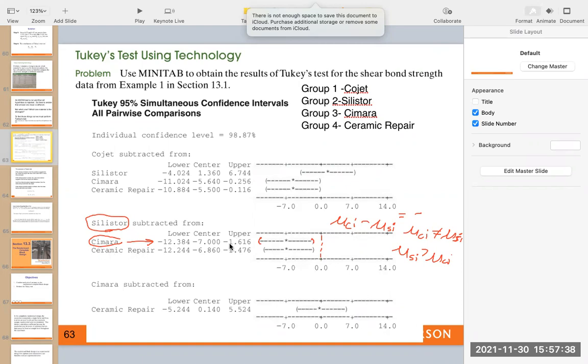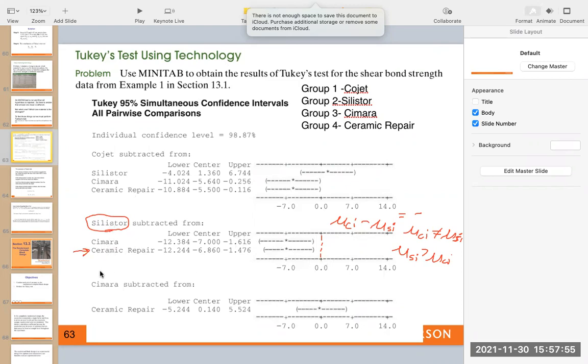Then with the next step, we can compare Silister. Now going on to the next line, I'm focused on just this line right here, and we're comparing Silister to ceramic.